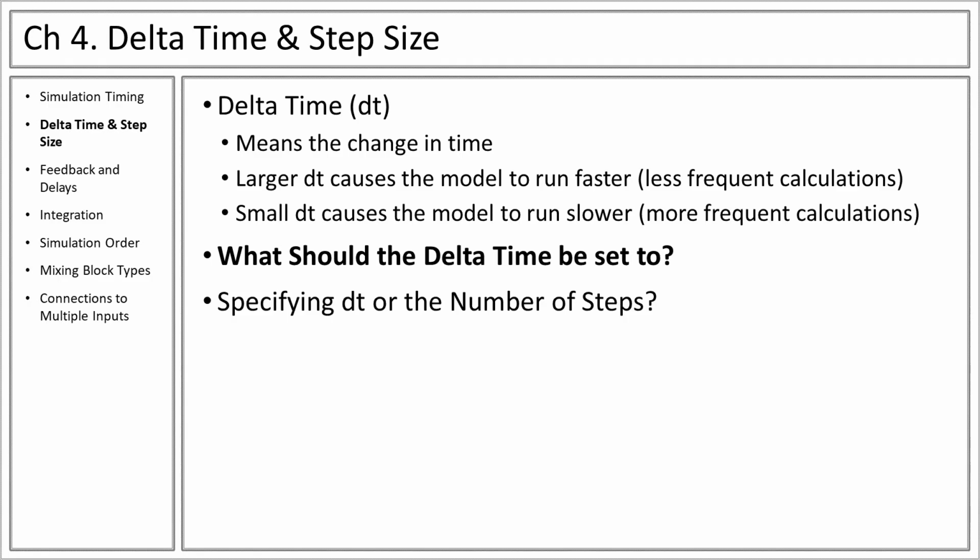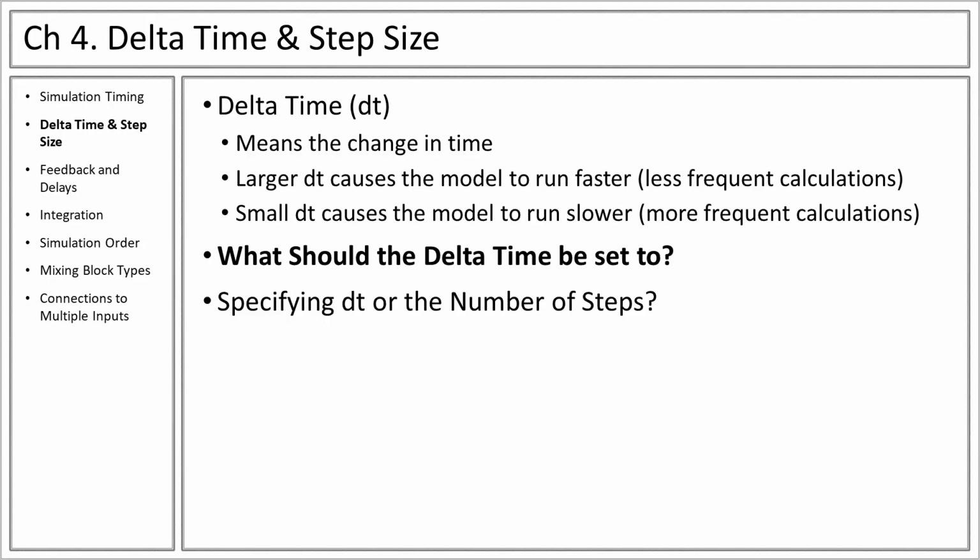So what should delta time be set to? Here is a rule of thumb to go by to set a reasonable delta time. First, run the simulation with a delta time of 1. Then, run the simulation with a delta time of 0.5 or 1/2 of the original setting. If there is no significant difference between the two, then a delta time of 1 is appropriate.